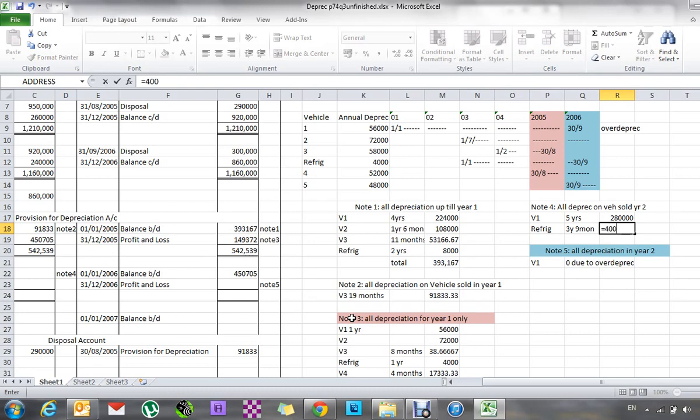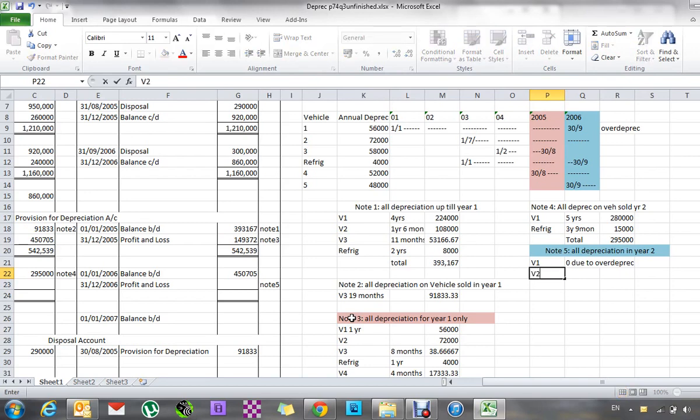So that's 4 grand a year times 3 and 3/4 years, 15 grand. So my total is going to be 295, and that 295 is what goes in over here at my disposal. Then my depreciation for the second year. Vehicle 1, I've over depreciated, so I can't depreciate anymore.